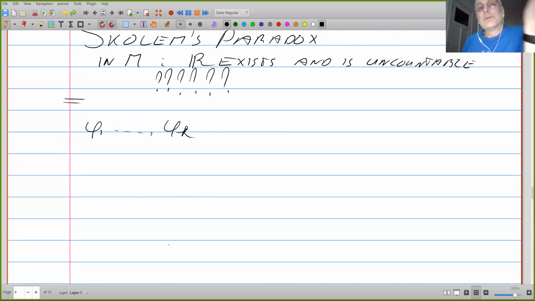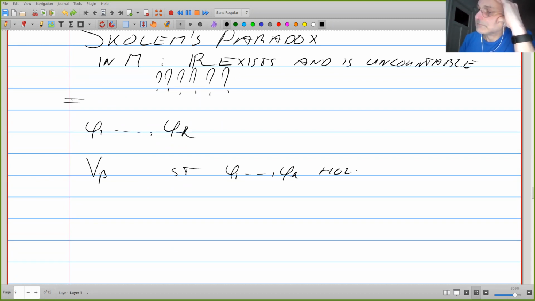We needed to talk about validity in sets. We did that. And so the first thing we did, we found many V betas such that the phi's hold in V beta, so we could do the relativization business. Then we found A.